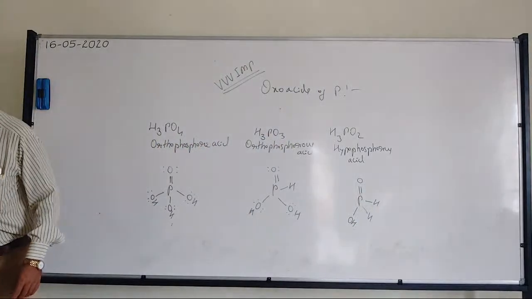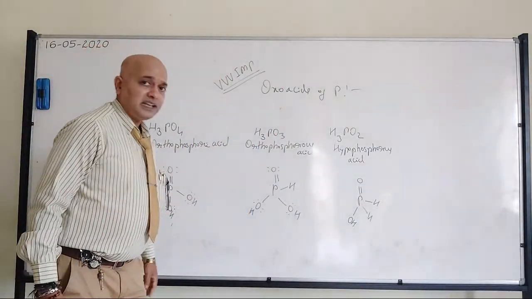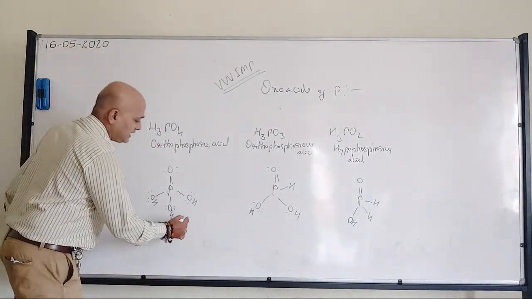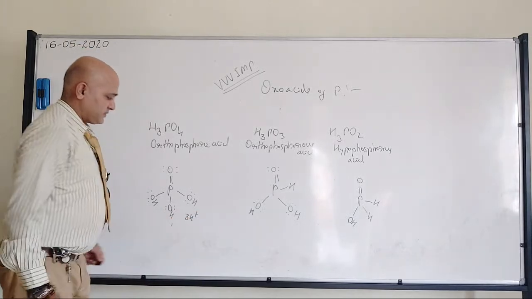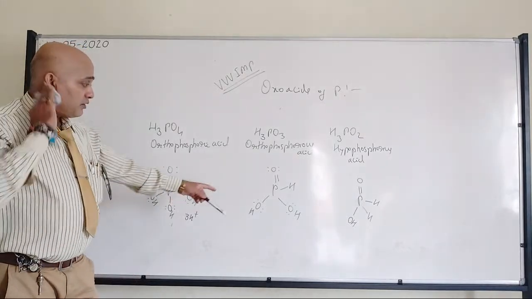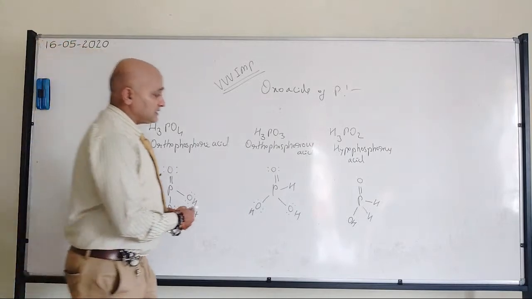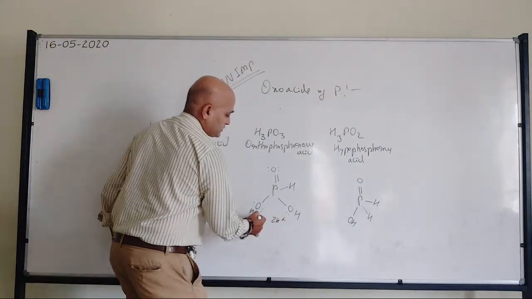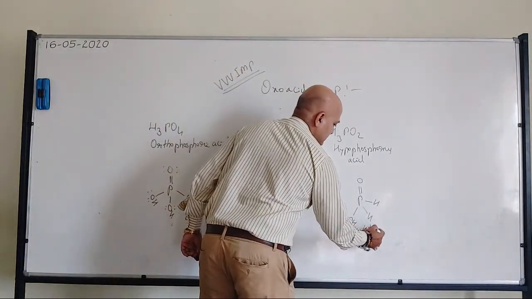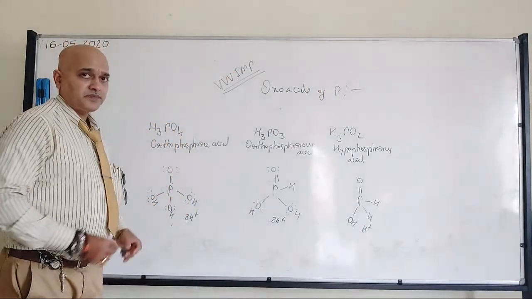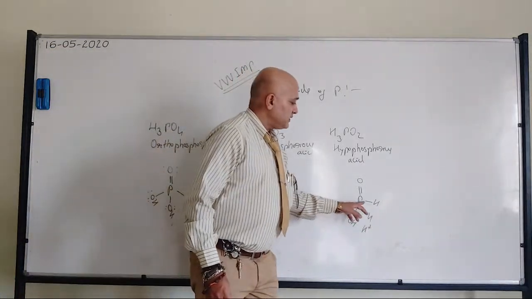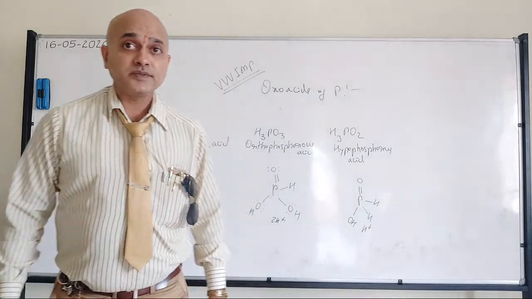Now, if you observe these three, orthophosphoric acid is the one which can donate 3 H plus, right? Orthophosphorus acid can donate 2 H plus. And hypophosphorus acid can donate only 1 H plus. Whichever hydrogen is directly attached to phosphorus will not be released as H plus so easily.